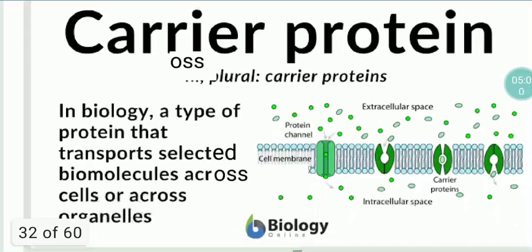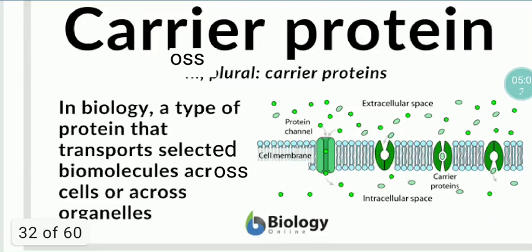A carrier protein is a type of protein that transports selected biomolecules. So they are very specific. If they transport sodium, we call it a sodium pump carrier protein. If they are transporting potassium, we call it a potassium pump. If they are transporting both sodium and potassium, we call it a sodium potassium pump.